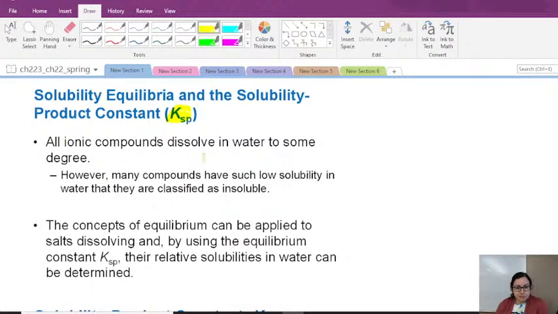And so now, going into KSP, we learned from first quarter that all ionic compounds dissolve in water to some degree. And of course, we saw that many compounds have low solubility, so they're essentially classified as insoluble. Does anyone remember any of those classic examples of insoluble compounds?